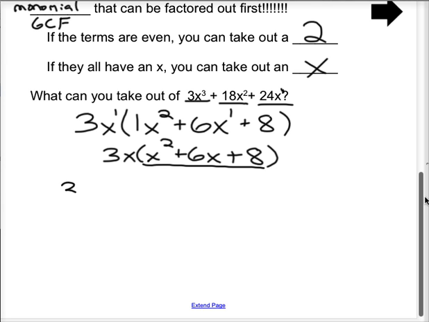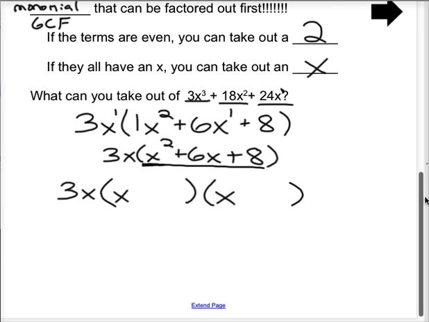So we have that 3x out front still, but now I'm going to take a look at that, and that's where my 2 parentheses are going to come from. Notice this first example is really nice because the x squared term is by itself. There's no number there. So that's going back to those very basics that we began with. That means we're just getting an x and an x there.